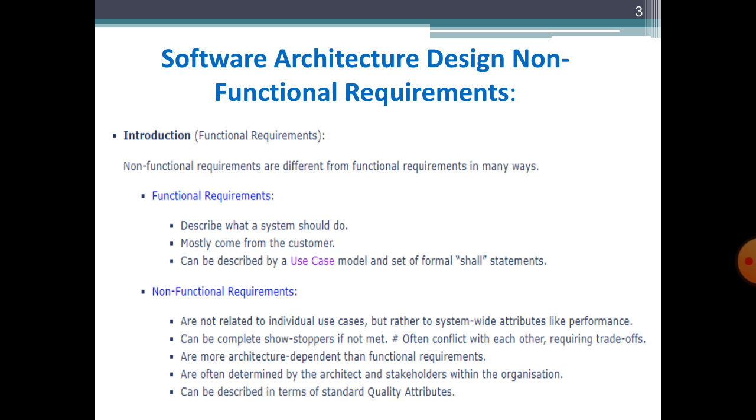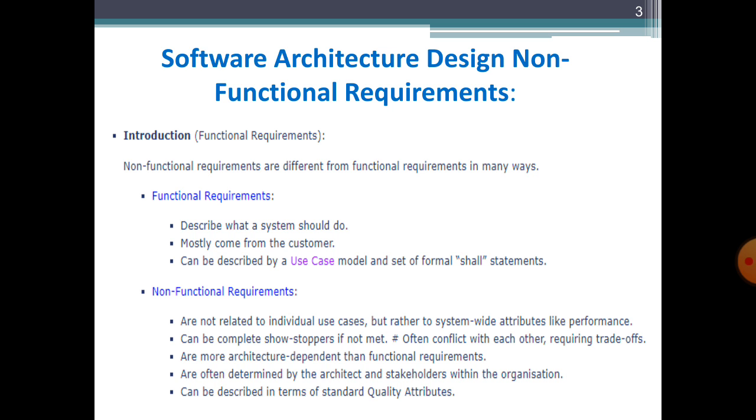You are already aware of it: we have a boundary, different processes, and the primary and secondary actors, and we see how these actors interact with the system and what functionalities the system provides. So functional requirements are all about what services the system shall provide, and they come directly from the customer.